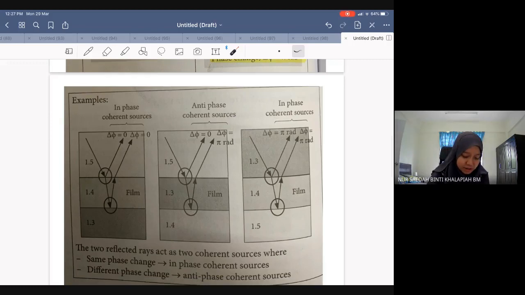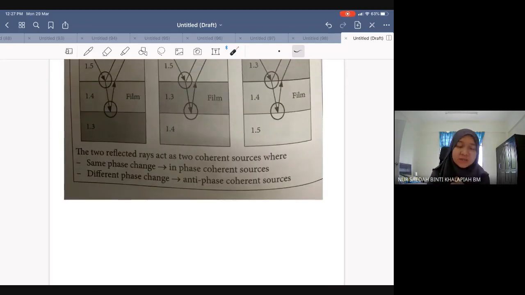Okay. So itu pertama perlu tahu macam mana proses of thin film. Okay, kita kena susun 3 medium of the thin film. Okay, kedua apa yang berlaku kepada light. Bila light dekat front of the film, dia akan sebahagian akan reflect, sebahagian akan dibiaskan ke dalam second medium.